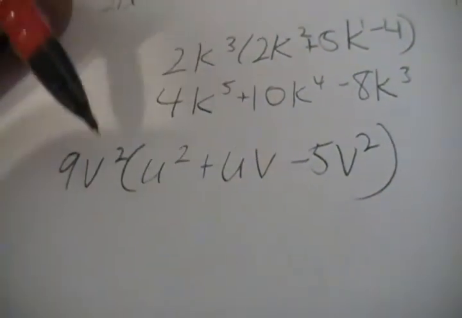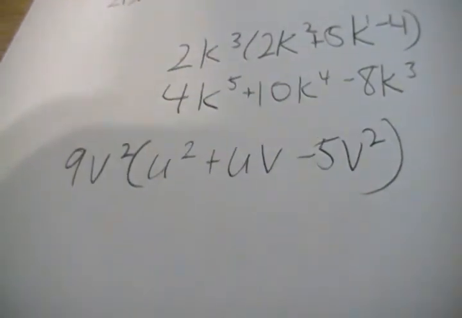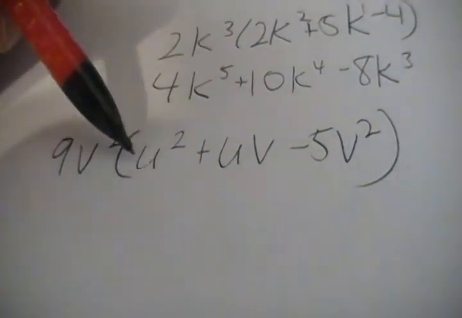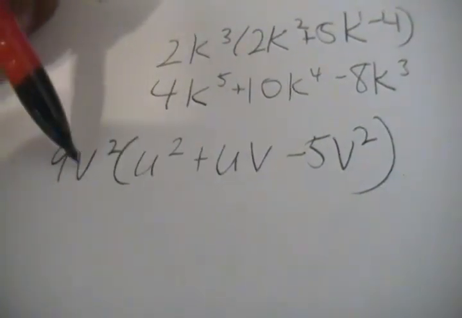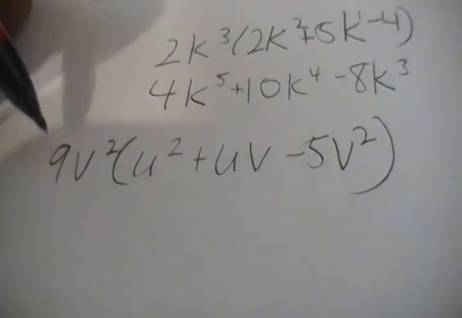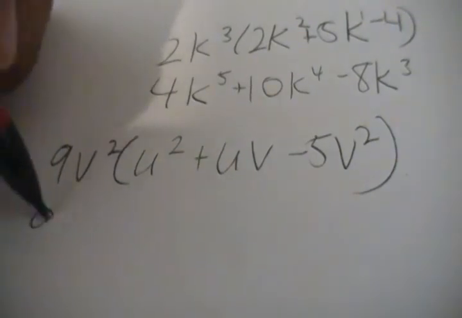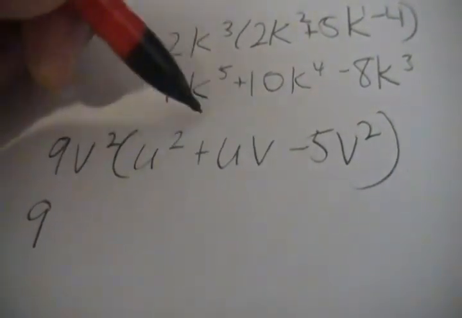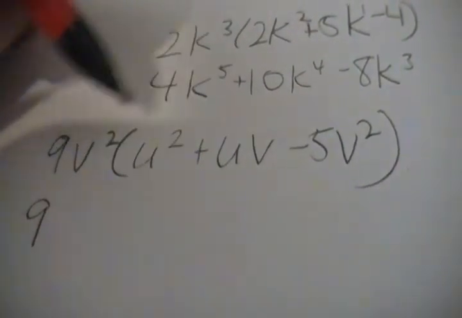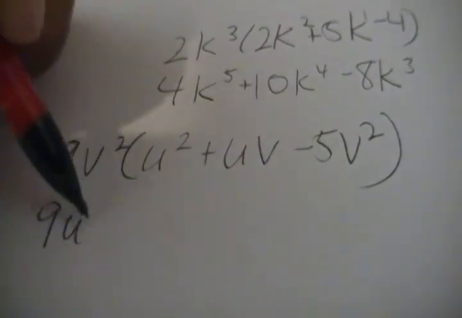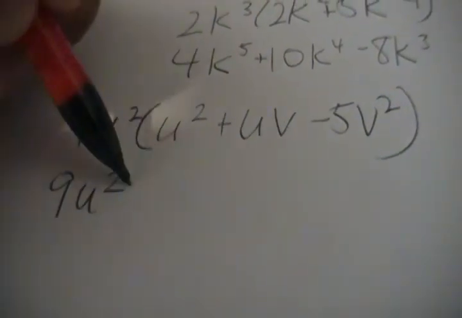So like always, we're just going to distribute out. So even though they don't have like terms, you can still multiply them together. So 9v squared times u squared is just going to be 9. And then all we do is just copy the terms. So 9u squared v squared.